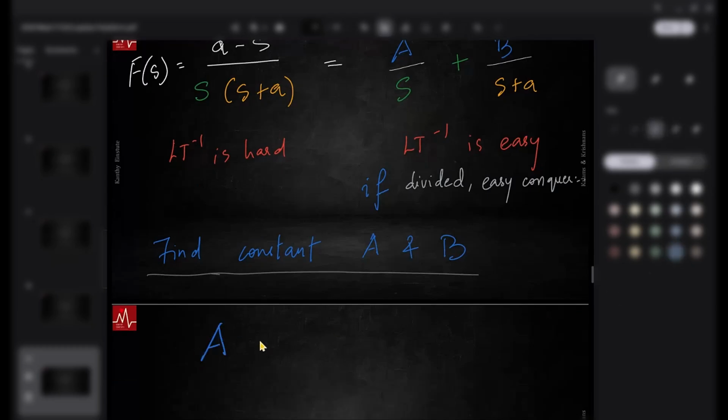A, the function, remove the singularity, evaluate it at the singularity.